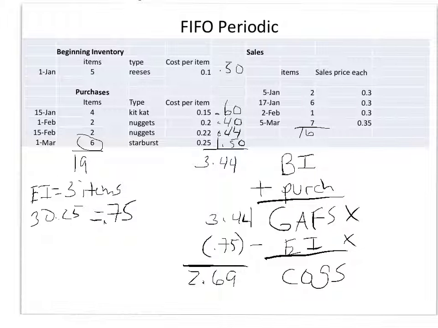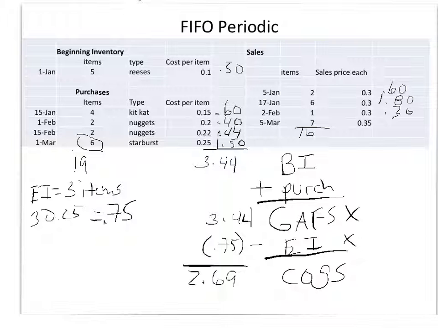So to get our sales revenue, 2 times 30 cents equals 60 cents. And then 6 times 30 cents is $1.80. Okay, and then 1 times 30 cents is 30 cents.